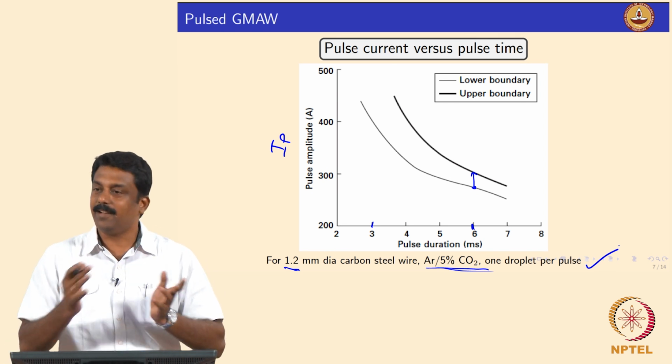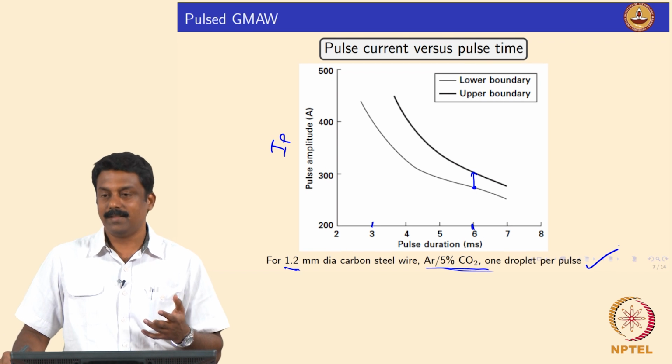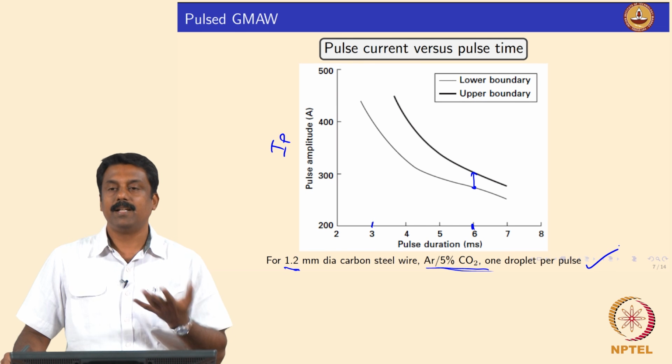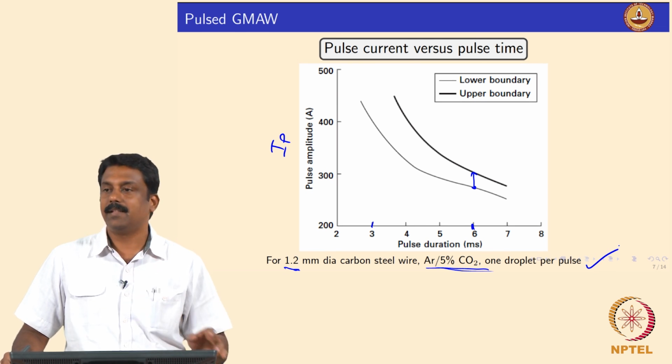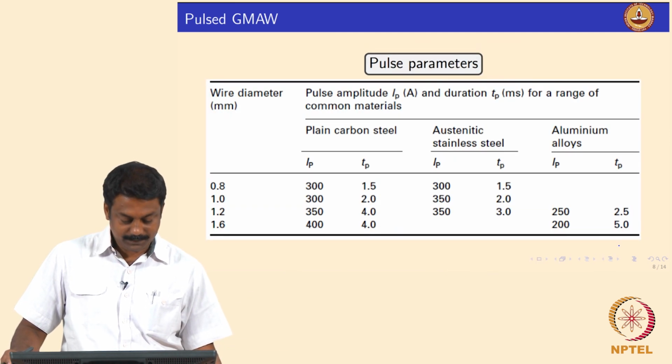So, all the calculation it has to do, and then give the process parameters and the wire feed rate to weld and achieve stable transfer. It is clear. Okay. So, how does this calculation take place?